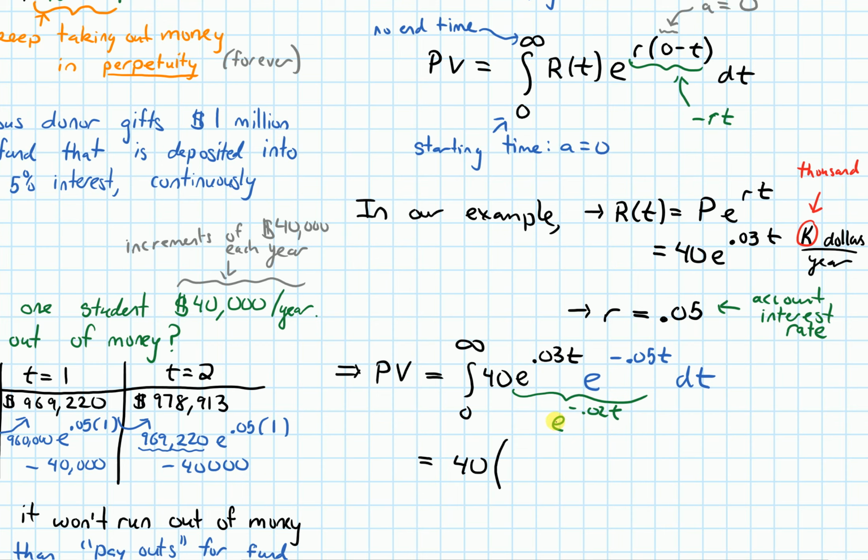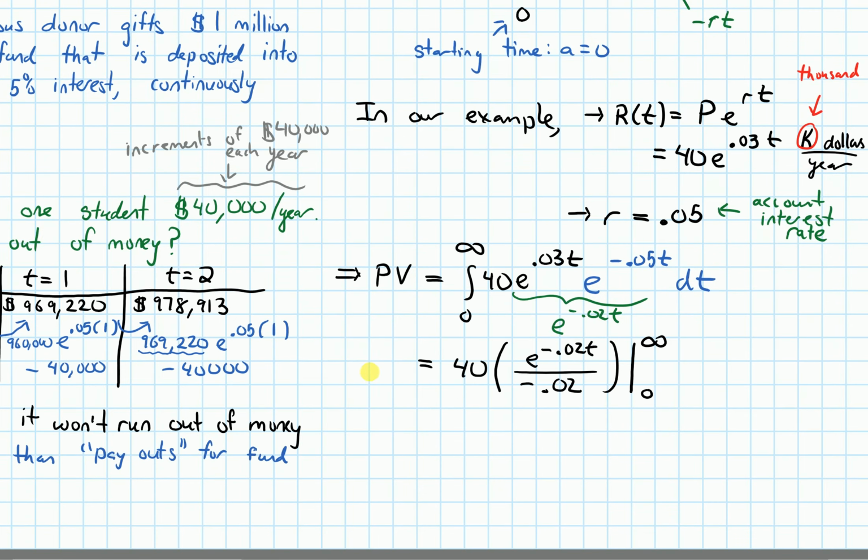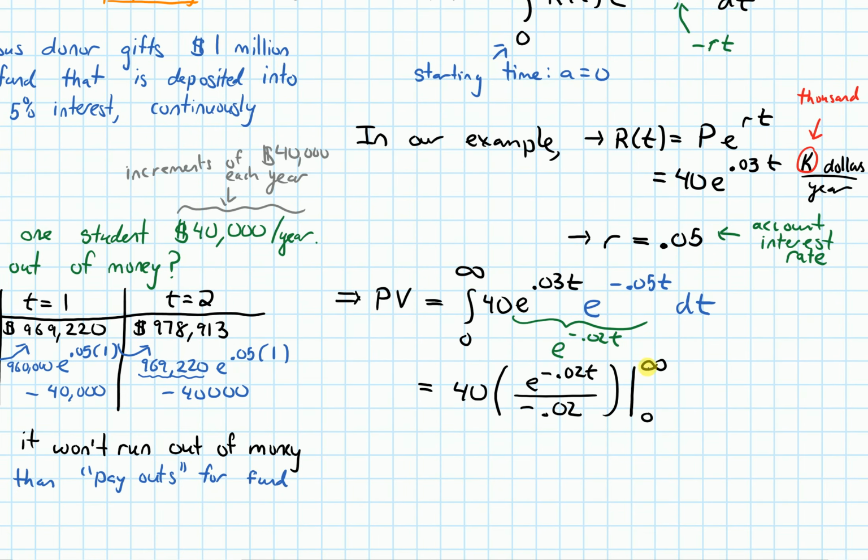And then the antiderivative of this e term is going to be e to the negative 0.02t over negative 0.02. And then I'm going to have to plug in the 0 and the infinity. Okay, but remember technically that when we have these improper integrals, I need to replace the thing that makes it improper, in this case the infinity, with a variable, and then take the limit.